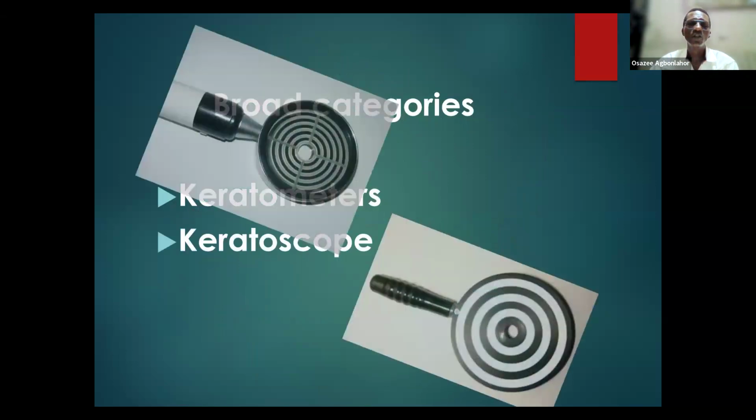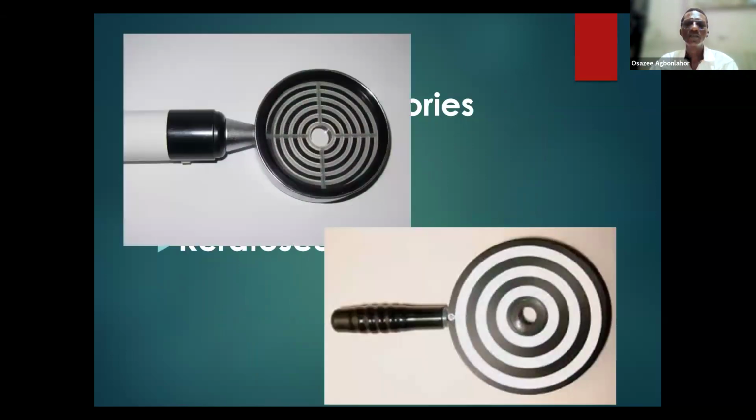We have a keratoscope, which has concentric rings and an inbuilt light. Now, this is like a reflection, and this is like a projection. These are slits where light can shine, like your regular torchlight, through it to project circular slits on the cornea, and that can be used to tell you how smooth or rough the cornea is.